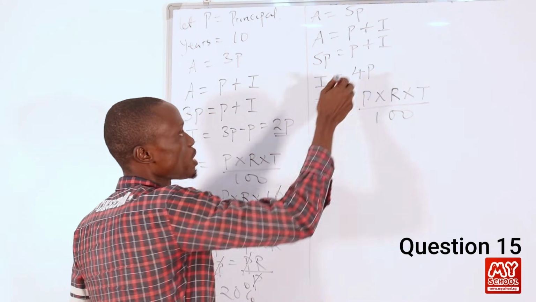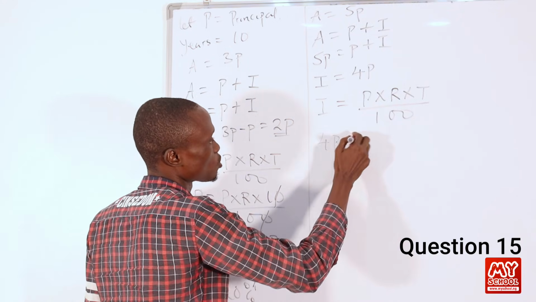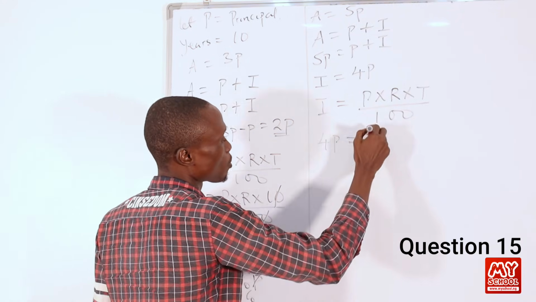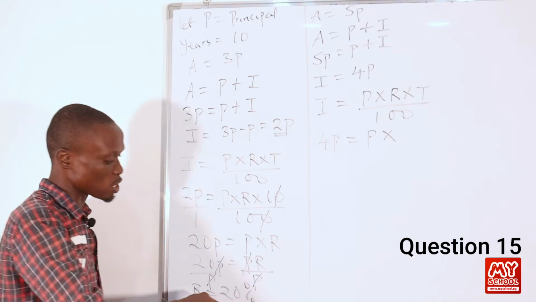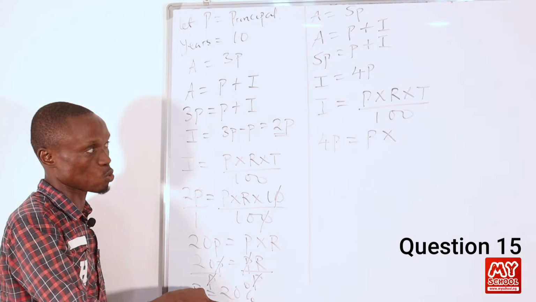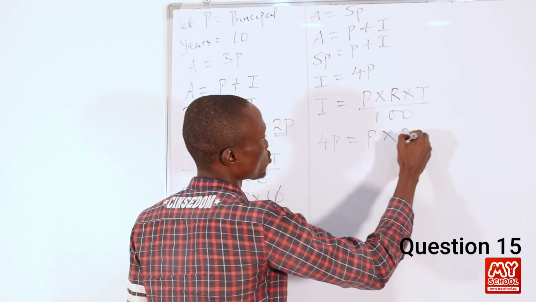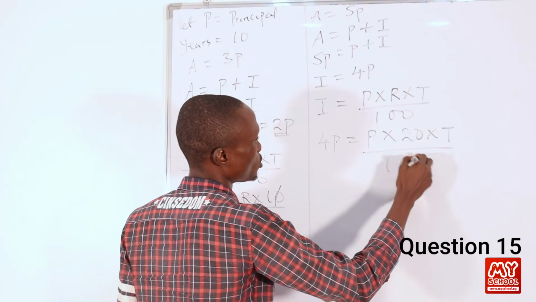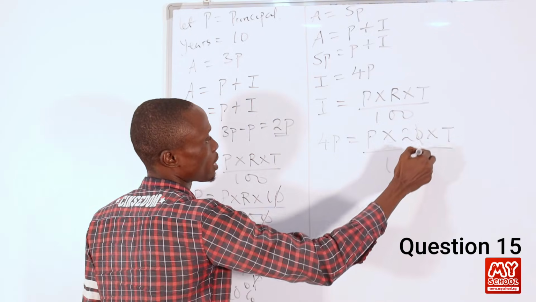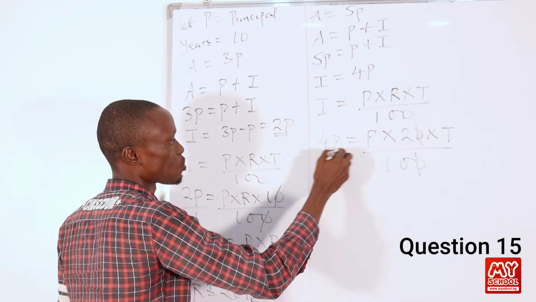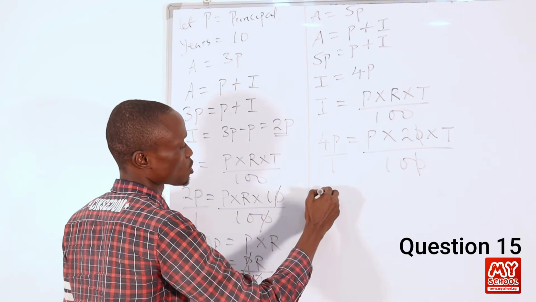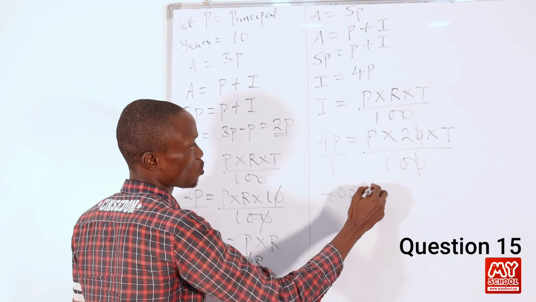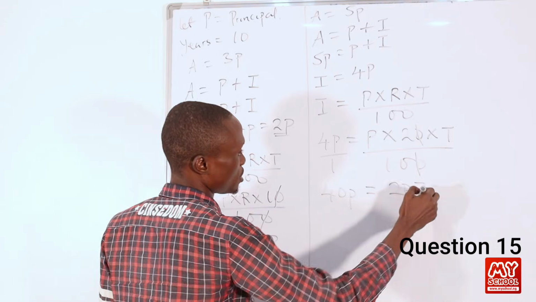We know that our interest equals 4P, so we write 4P here, equal to principal times the rate which we calculated before, which is 20%. So here we'll have P times 20 times T all over 100. The zero can still cancel out the zero. Then we cross multiply, which gives us 40P is equal to 2PT.